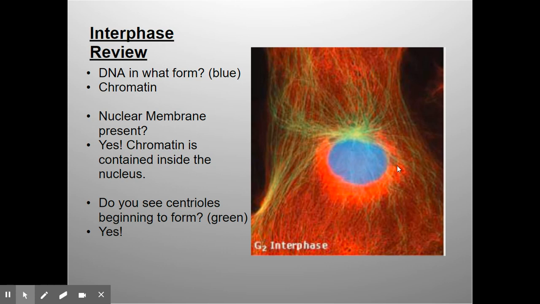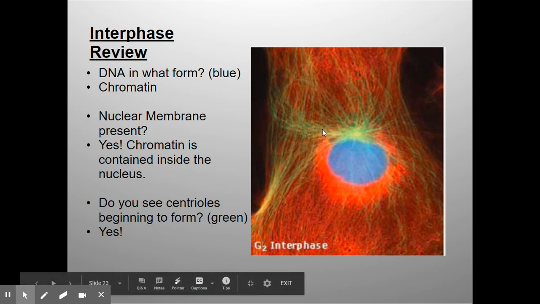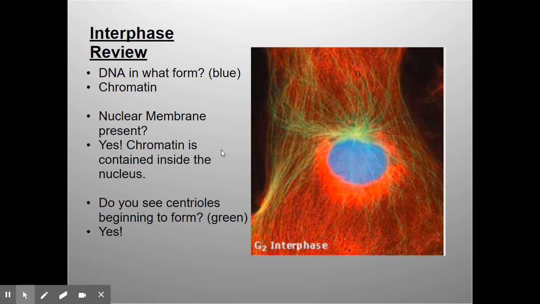You can't really see it, but it's basically that white border that surrounds the blue, because the chromatin is inside of the nucleus. It asks, do you see centrioles? Centrioles are the little things that help with the cell division, and they are in green on here.